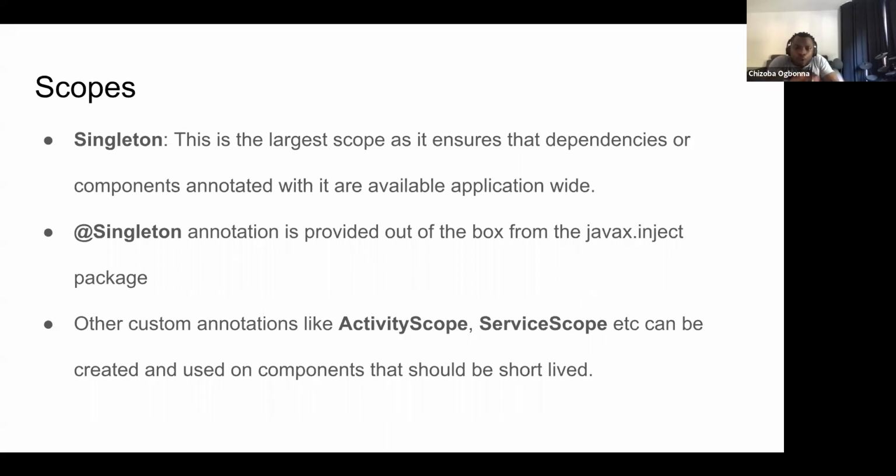So you can create a custom scope and a custom component for, maybe, after the user has logged in, the login activity can have its own scope that you annotate activity scope. Whatever dependencies you are supplying with that activity scope will not be available before the user logs in. But after the user logs in, those dependencies get created. Once the user logs out, those dependencies get removed from memory.